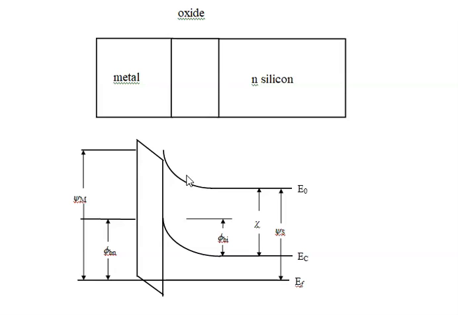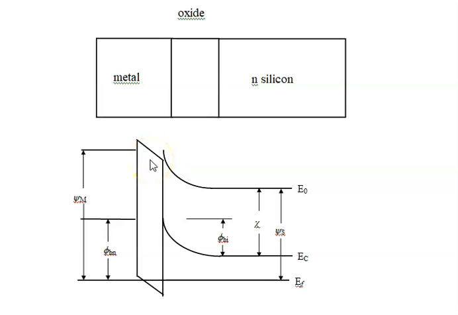The difference, however, is that in the silicon, the potential is parabolic. In the oxide, it is linear. And the reason is that in the oxide, at least in theory, there are no charges.